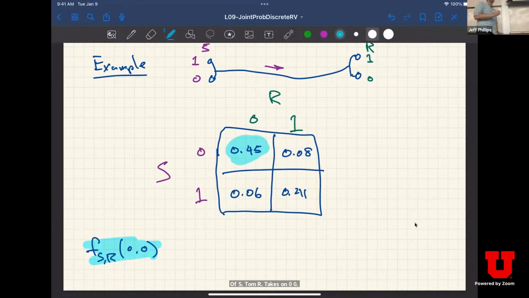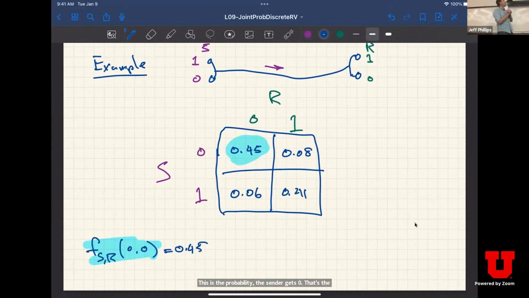This is exactly that first example. This is 0.45. This is the probability the sender gets 0, that's the first argument of the function, and the probability that the receiver also gets a 0, which is this second argument. So that's how to read that.